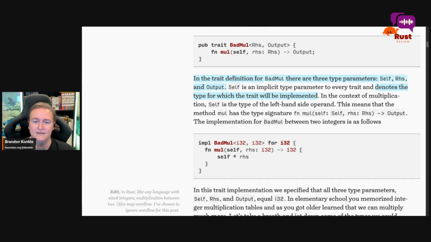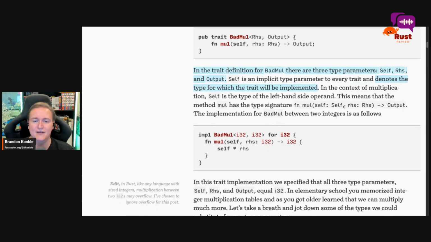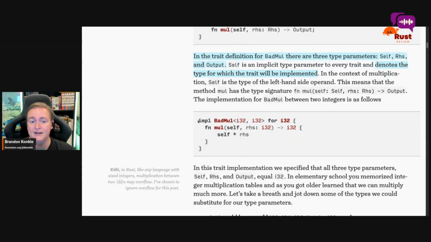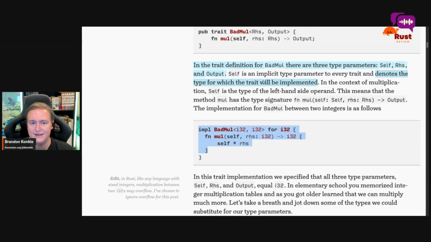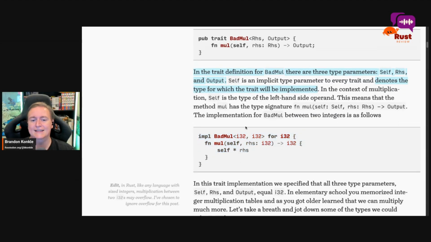So self is an implicit type parameter to every trait, and it denotes the type for which the trait will be implemented, he says. So in this case, if you look at an implementation of that bad mul trait that he's defined here, you'll see what he means, because this right here refers to self. So when you're saying impl whatever for whatever, the for type is the self parameter.